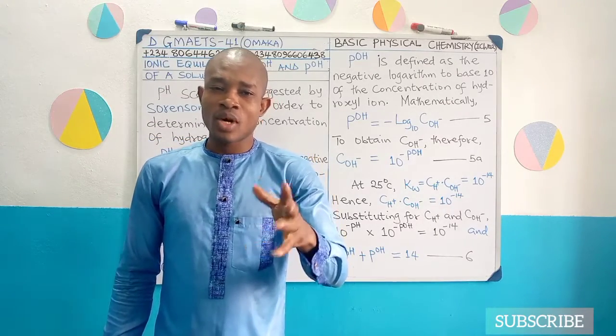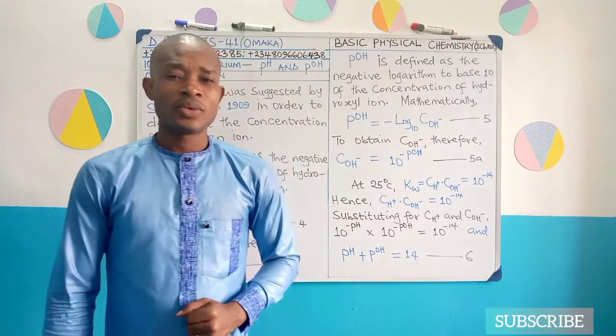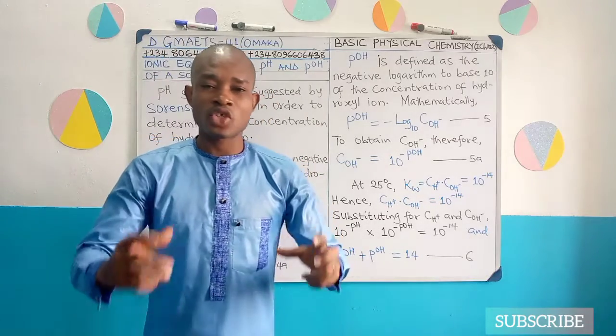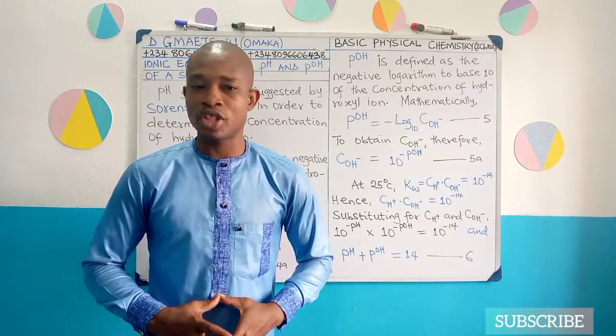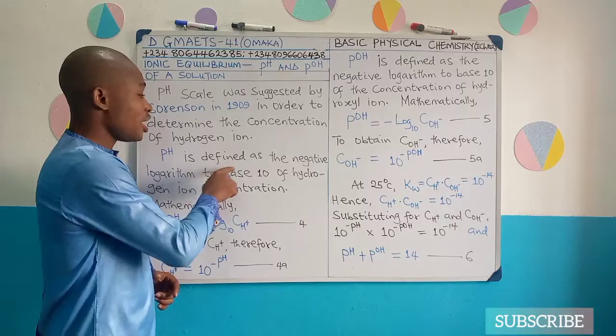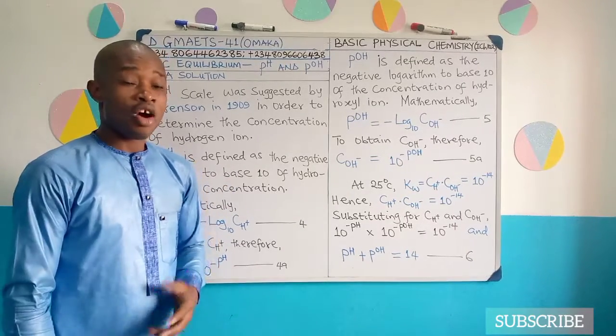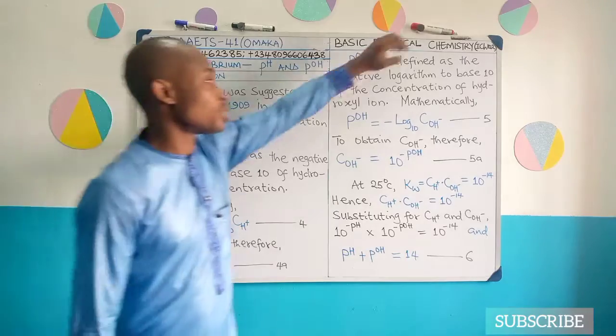The pH scale was suggested by Sorensen in 1909 with the aim to help us determine the concentration of hydrogen ion. By definition, pH is defined as the negative logarithm to base 10 of hydrogen ion concentration.